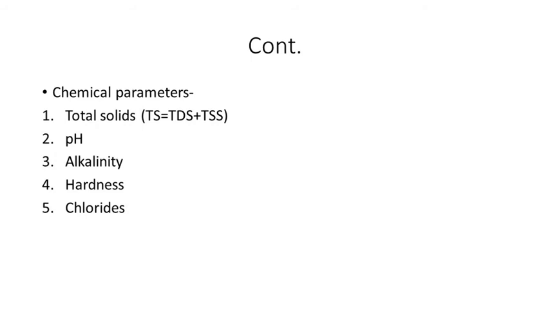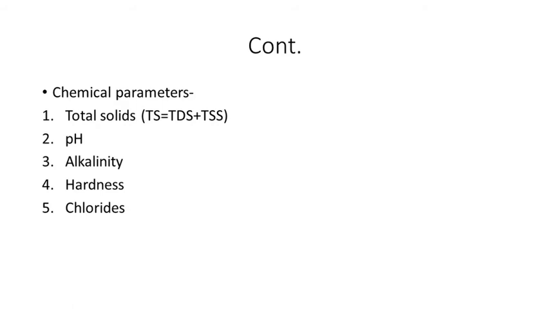So what is the principle of the pH meter? The pH meter consists of two electrodes, one inner electrode and one outer electrode. The outer electrode is a sensing electrode, and the inner electrode is a reference electrode. When these electrodes come in contact with a solution or sample, it generates an electric potential between the inner solution and outer solution.